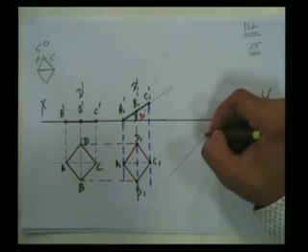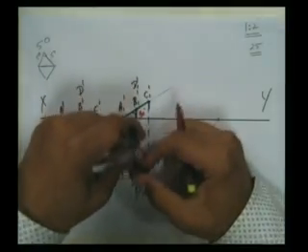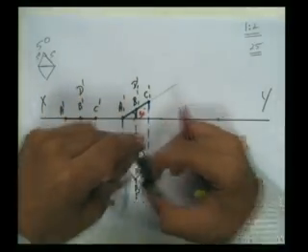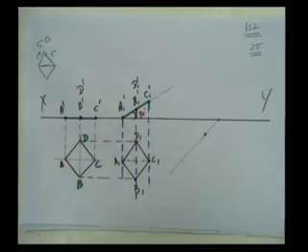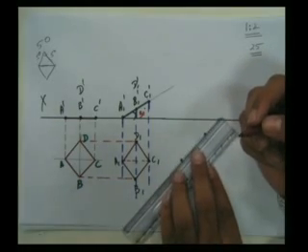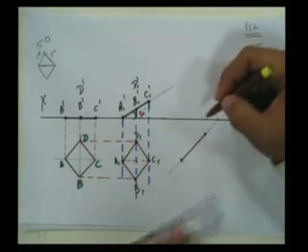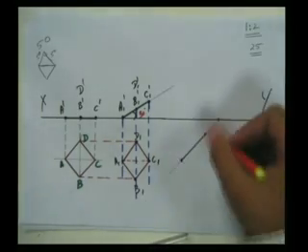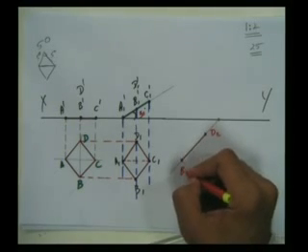I'll take one point on this, measure the diagonal BD, cut here, then join them. So this is my D2, this is my B2.